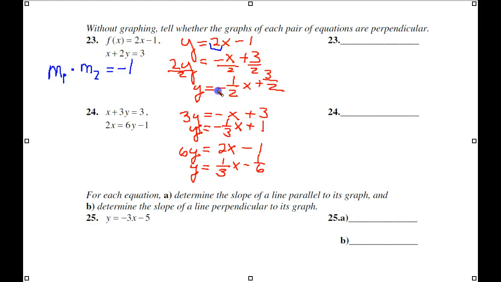I get y is equal to a negative 1/2. So if I multiply 2 times a negative 1/2, that gives me a negative 1. So yes, this is perpendicular. Now again, they're putting this in standard form, but to compare the slope, you have to put it in slope-intercept form, which is what I've done here.